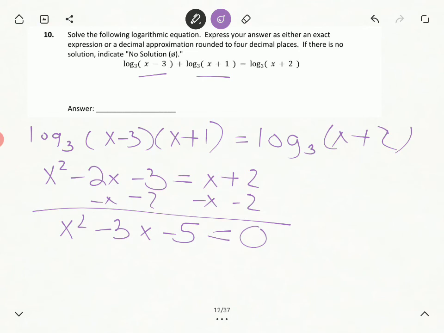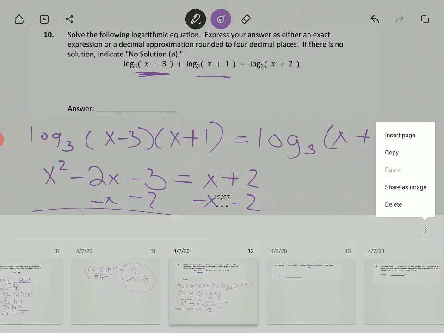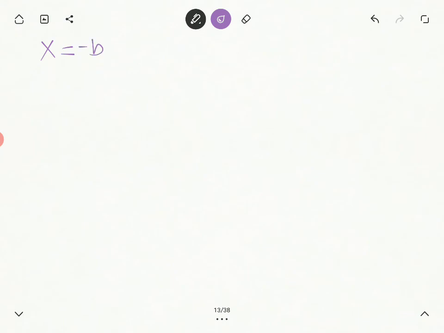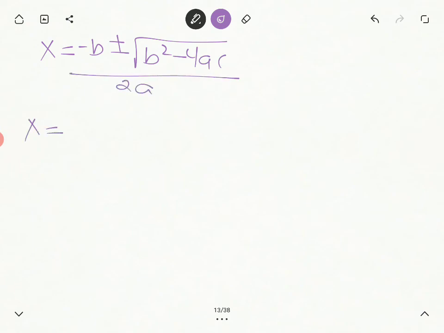Which is going to be x is equal to negative negative 3, because b was a -3, plus or minus the square root of b squared, which was -3 squared, which is 9, minus 4 times a, which is 1, times c, -5, all over 2 times a, which is 2 times 1. That gives us 3 plus or minus the square root of 9 minus a -20, which gives us plus 20, over 2. So we have 3 plus or minus the square root of 29 over 2.